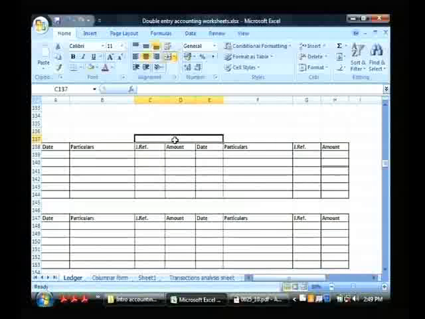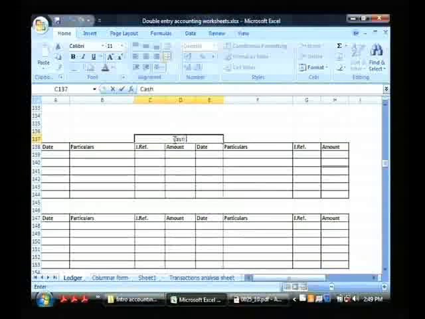Take out your completed transaction analysis chart, and by looking at the chart, we will make entries in these ledger accounts.